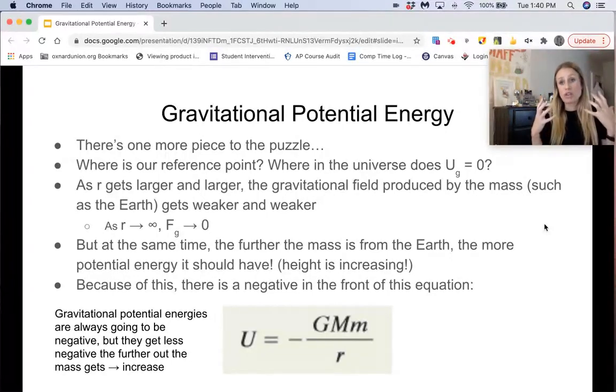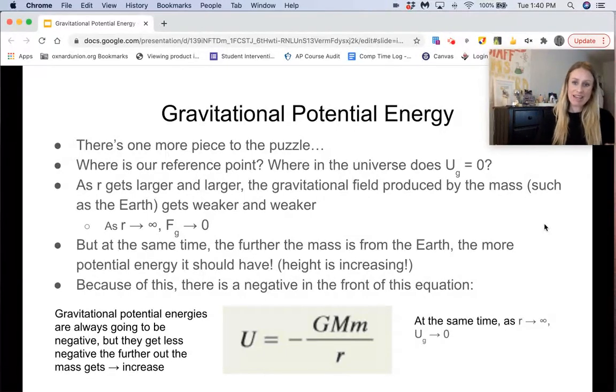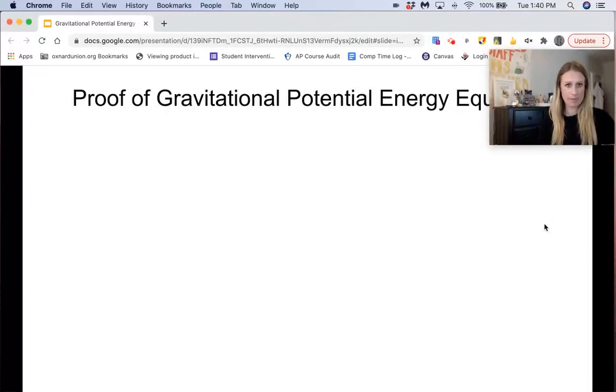The potential energy is getting less negative, and therefore it is increasing if we look at a number line. On the other hand, as R approaches infinity, we're also getting closer to zero, so our potential energy is approaching zero. So this satisfies both of our cases, even though it seems like a juxtaposition.